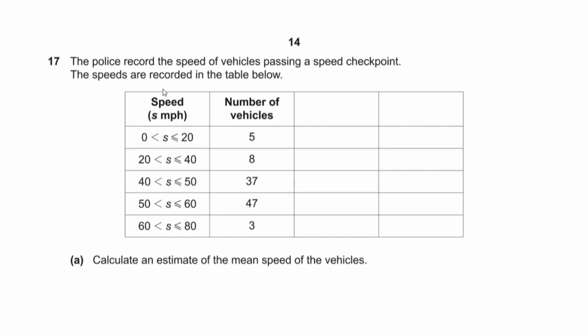Question 17. The police record the speed of vehicles passing a speed checkpoint. The speeds are recorded in the table below. So we've got the speed and the vehicles. Part A, calculate an estimate of the mean speed of the vehicles. The first thing we need to do is find the midpoint of the speeds. Midpoint of 0 and 20 is 10.